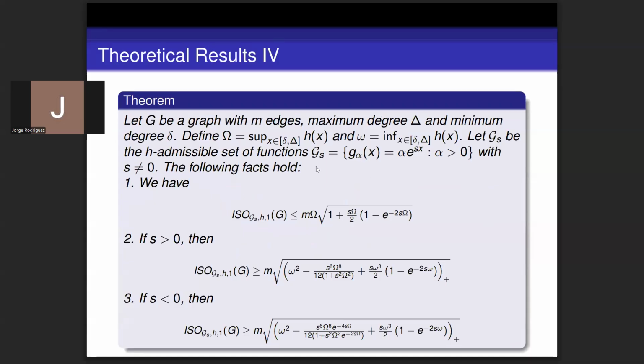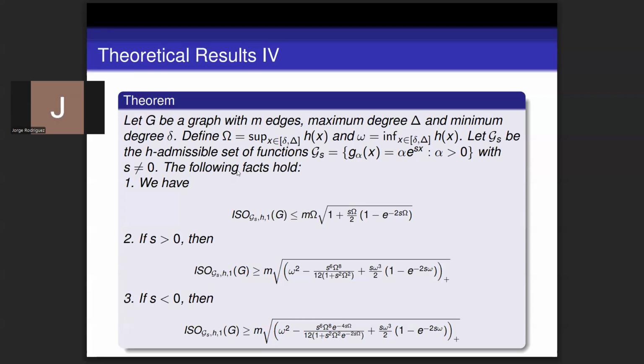Similarly, now let G be a graph with m edges with a maximum degree capital delta and a minimum degree small delta, and define capital omega as the supremum of h evaluated at the degrees of the vertices, and small omega as the infimum of h evaluated at the degrees of the vertices, okay?